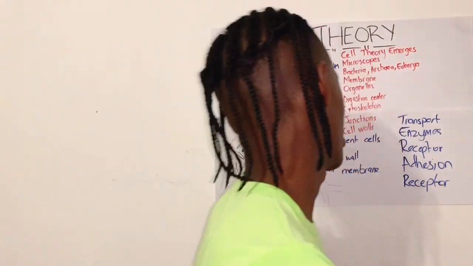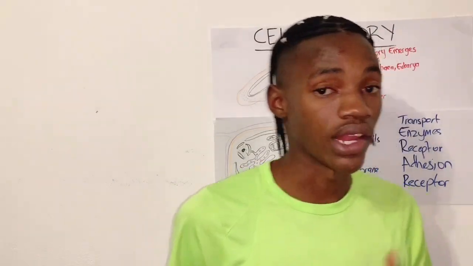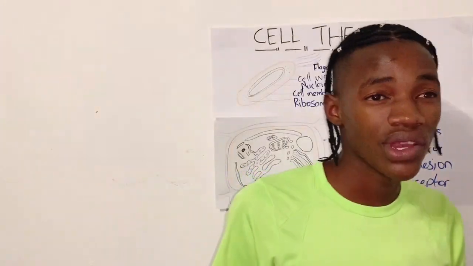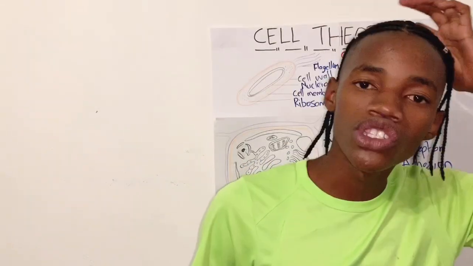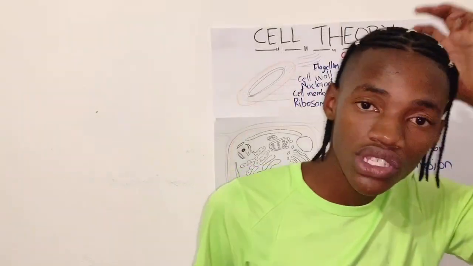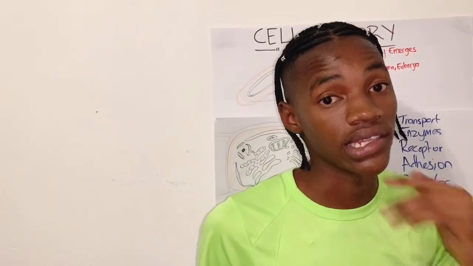Okay, and that is the endomembrane system. It usually is the question that they ask, the question of milk secretion in mammals. So when they ask you that question, you just explain the mechanism that I just explained now.